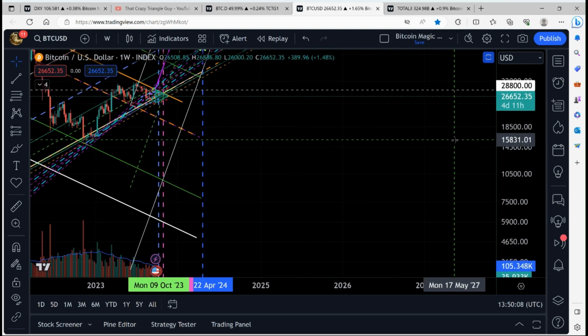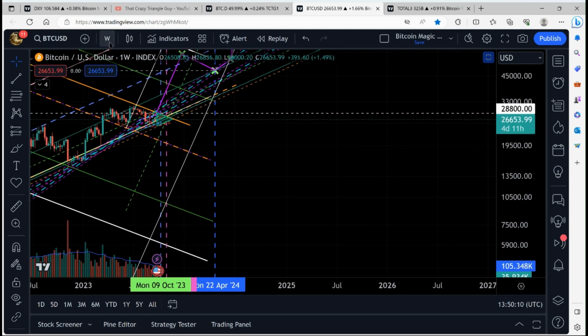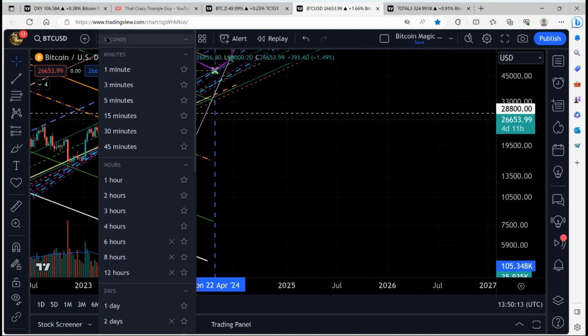So as we zoom in, where are we at today? Let's switch to a daily time frame.